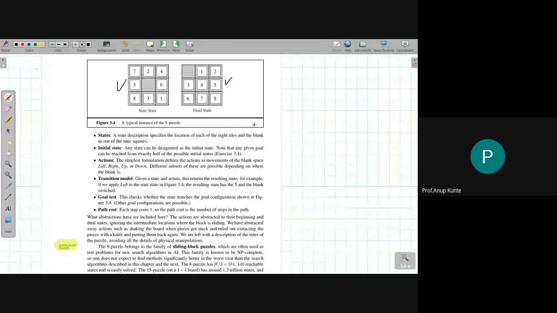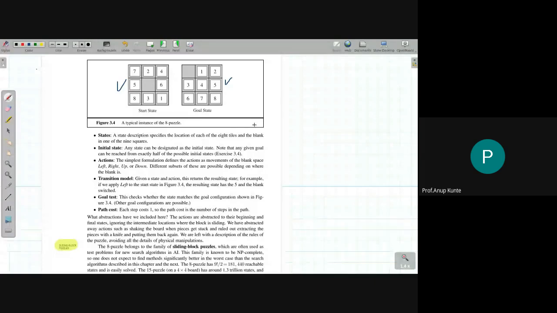So the objective of the game is to get to the goal state arrangement of numbers within the least number of steps. That's the objective of the particular game that we are looking at.